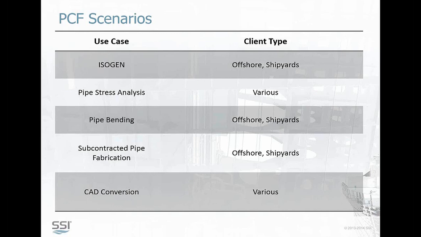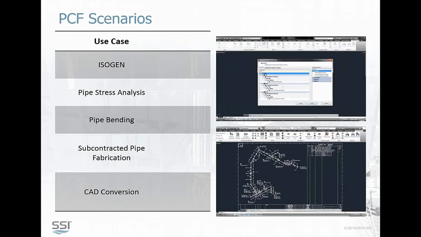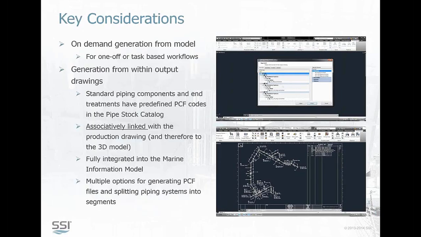Some contracted pipe fabrication, you want to provide them with just the information they require, and of course CAD conversion, various outputs. So when we designed our PipeLink product to output PCF, there were a number of key considerations. Core to that is on-demand generation from the model for one-off or task-based workflows.